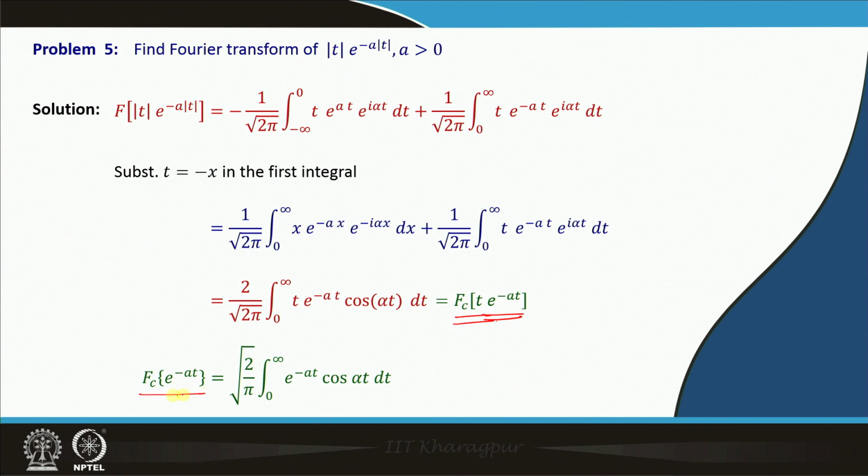We can compute this easily either directly by solving this equation, or there is another trick which we are using. Just notice that the Fourier cosine transform of e power minus a t is the integral of e power minus a t and cos alpha t dt with this factor, which can be easily computed, and we have done this in earlier problems. That will be a over a square plus alpha square. So, the Fourier cosine transform of e power minus a t is given as square root 2 over pi times a over a square plus alpha square.